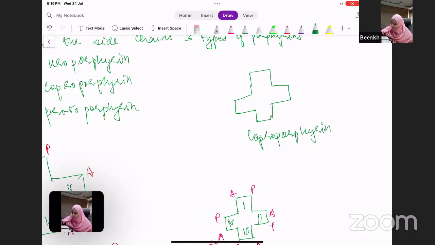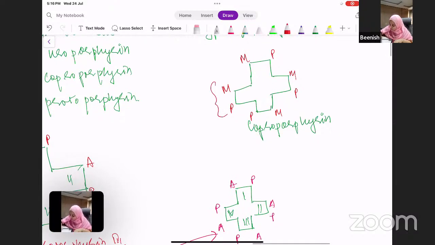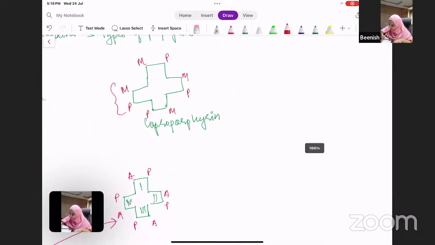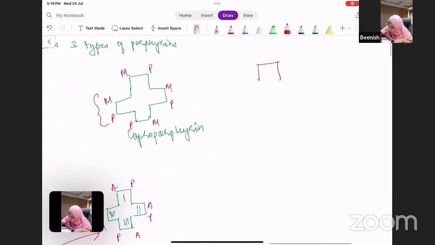In coproporphyrin, you have M and P, M and P, M and P, and P and M. Again, this is coproporphyrin 3, okay? Because in humans, we only have the type 3 isomer. So again, you can see this is reversed. Now, in protoporphyrin, what is happening?